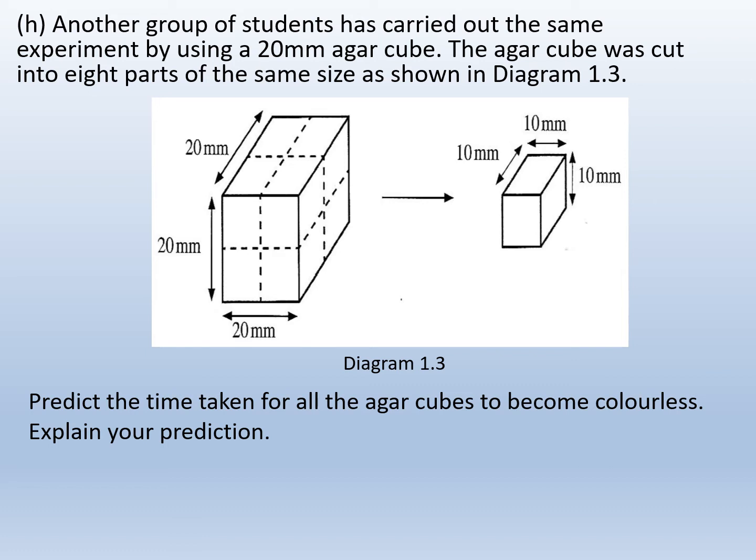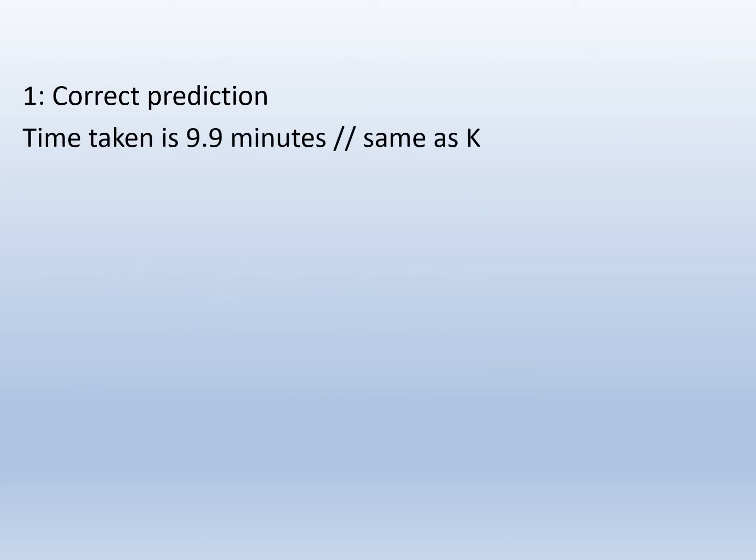If you notice, this size is the same as agar cube K in our experiment. So for this question, you must give the correct prediction. The prediction is the time taken is 9.9 minutes, or same as K, because when the agar cube is cut into 8, the size is the same as K, if you notice it from the question.